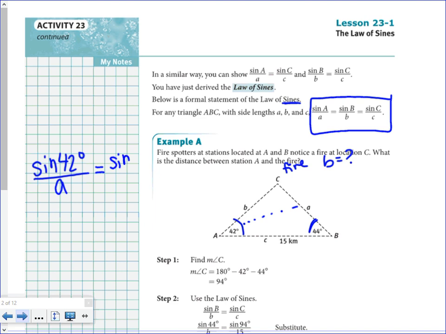So the sine of 44 degrees over the side that is opposite that, which is B. Then the third angle, angle C. The sine of angle C over the side opposite it is 15. It is C, but they told you it was 15. So that is the very basis of what they gave us. And from there, we can go further.